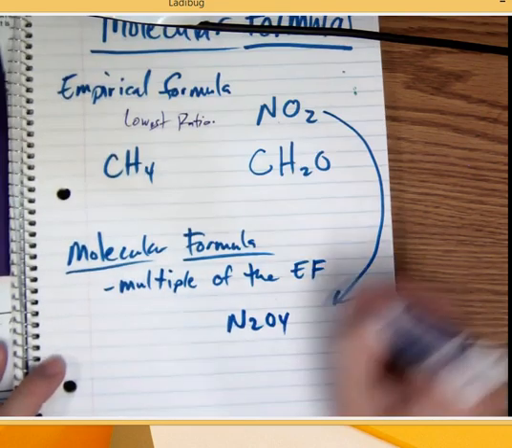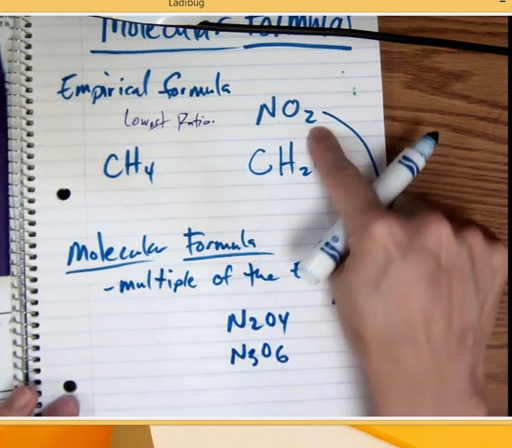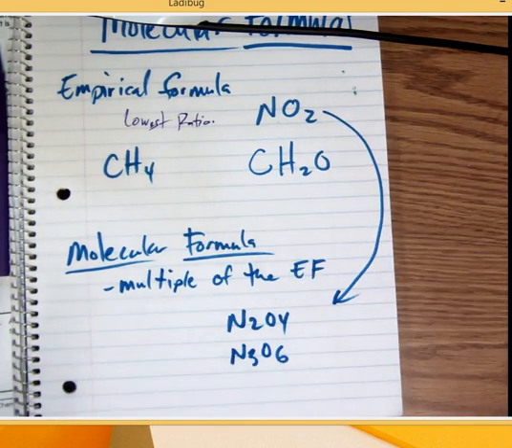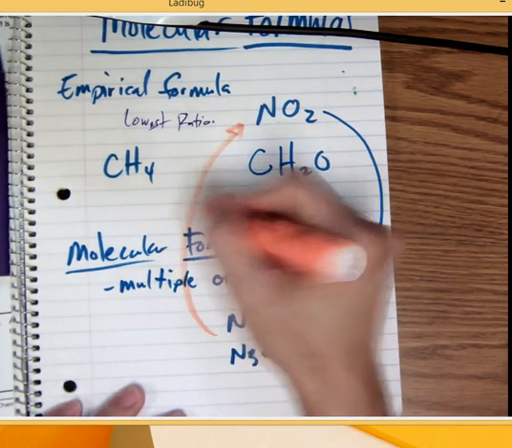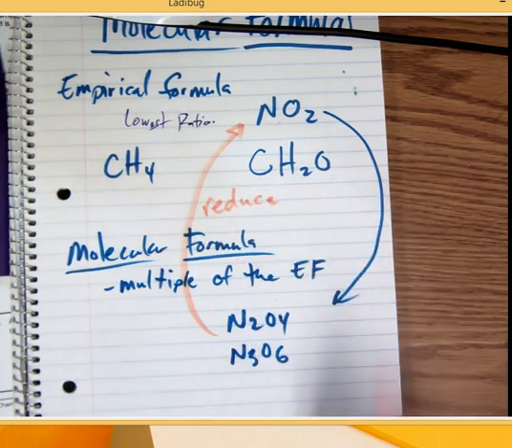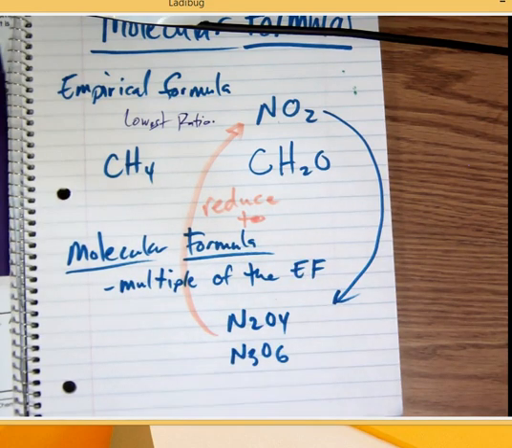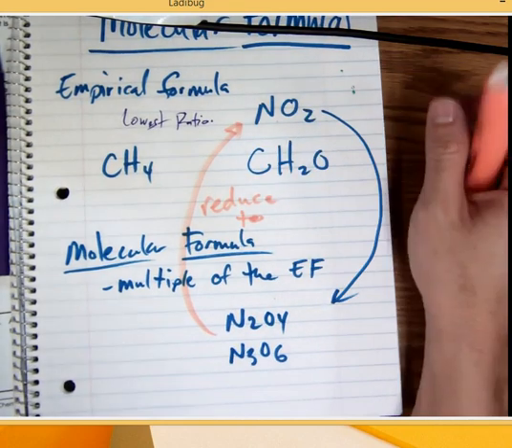If we multiply by 3, it'll be N3O6. So it's just a multiple of the empirical formula. Molecular formula reduces to the empirical formula.